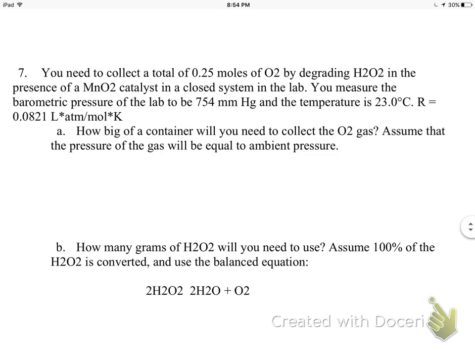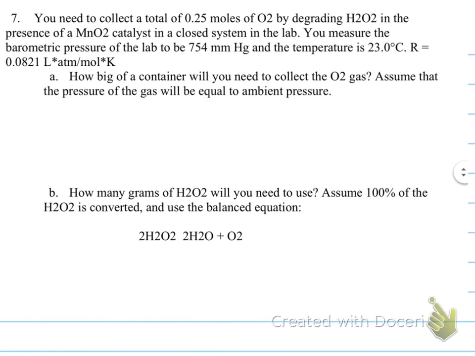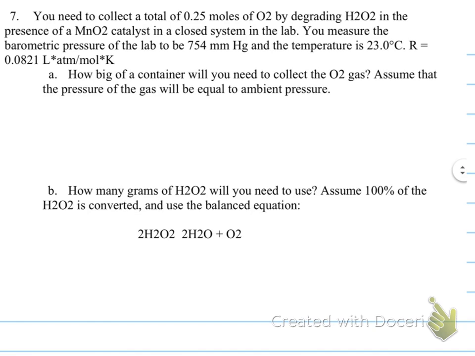Okay? So the next question is about collecting a gas over water. So we talked about that process in class. We've actually seen this reaction of degrading H2O2, right? Let's try this again.